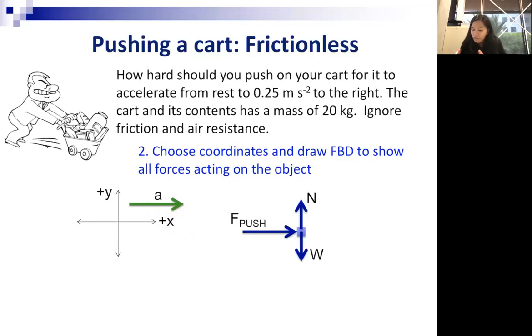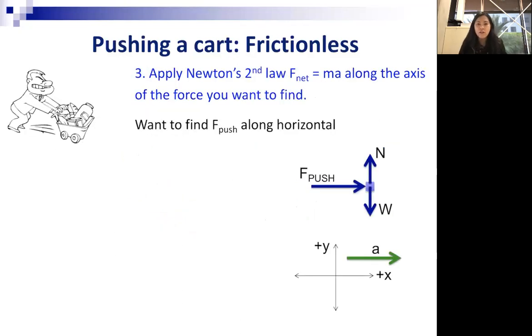Okay, so once you have your free body diagram, you can already see which force is along the x or horizontal and which forces are along the vertical. You now apply Newton's second law of motion. Yeah, it's this equation, net force is equal to mass times acceleration. Okay, we want to find the push force, how much force should you push the cart?